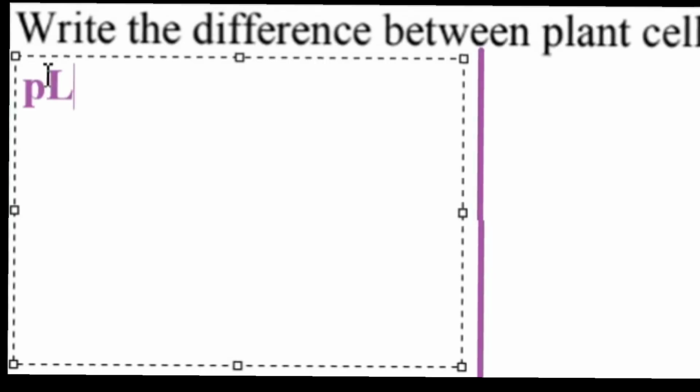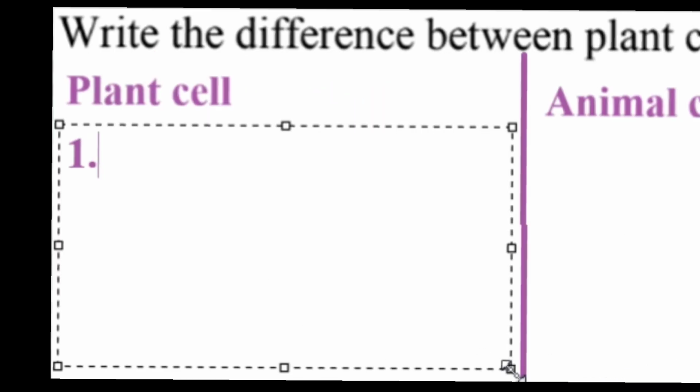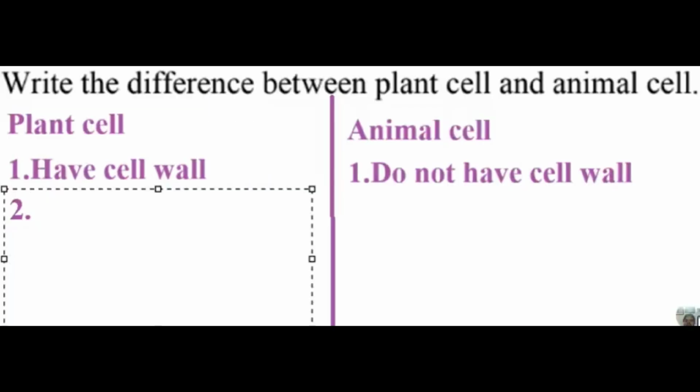Take here. Suppose this column I'm going to make as plant cell and the other column as animal cell. The first difference is that plant cells have a cell wall, whereas animal cells do not.